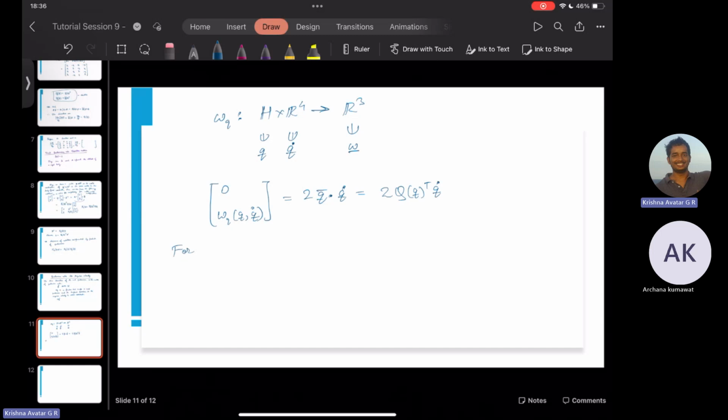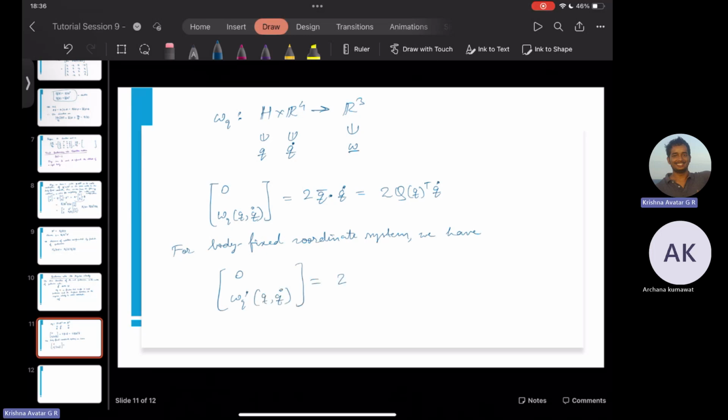And for the body fixed coordinate system, we have WQ prime, Q and Q dot.